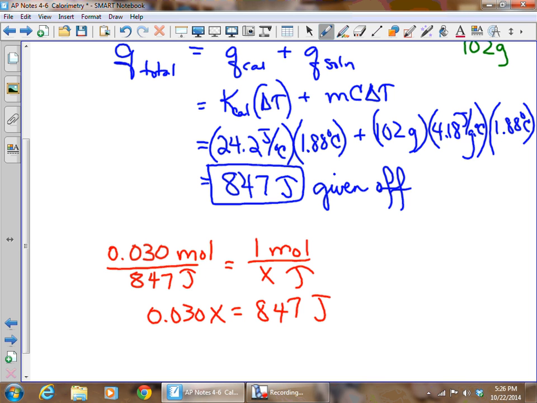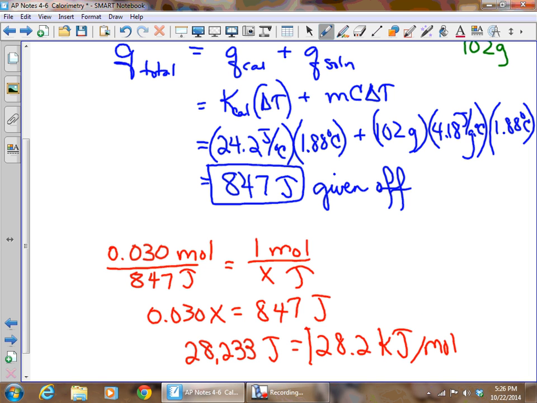So it looks like our molar heat is going to be 28,233 when we divide both sides by 0.030. 28,233 joules, which is 28.2 kilojoules per mole, per 1 mole. So that's our value for our amount of heat given off per mole of sodium hydroxide.